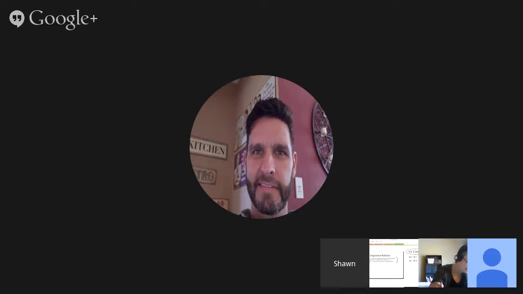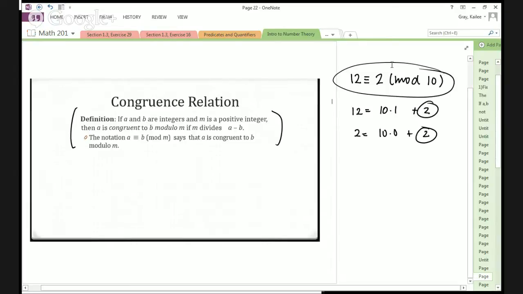Okay, good. All right. So let's look at this definition. A is congruent to B mod M if M divides A minus B. Okay? M divides A minus B. Let's think about why this makes sense. Let's look at this example.